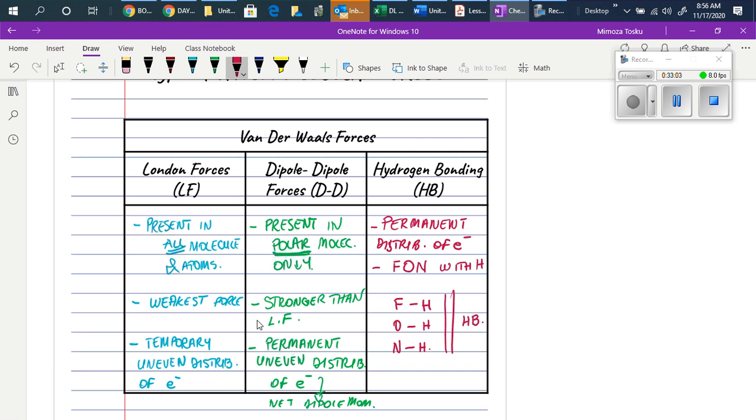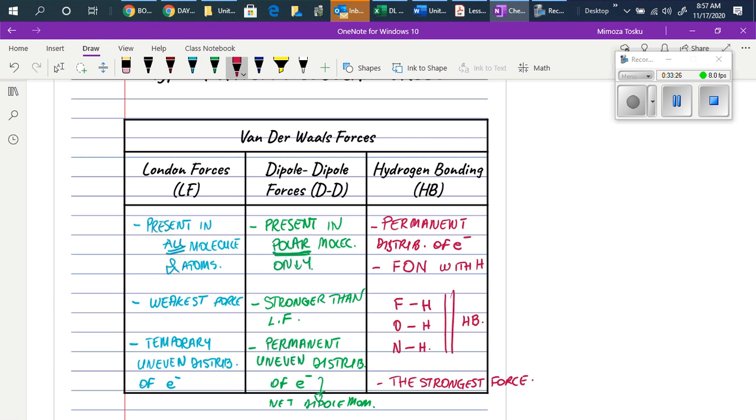And this is the strongest force of all those three forces.